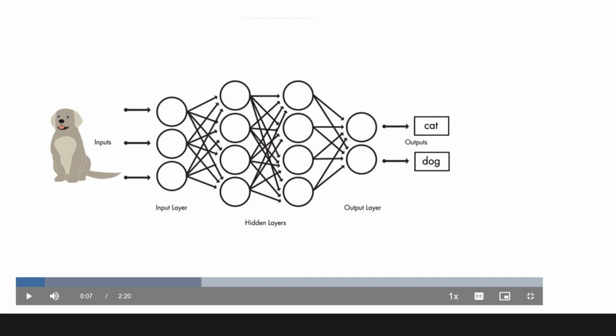In the introduction, to familiarize yourself with deep learning: deep learning is a subset of machine learning that uses deep neural networks, that is, networks with many layers, to make predictions, as shown here.